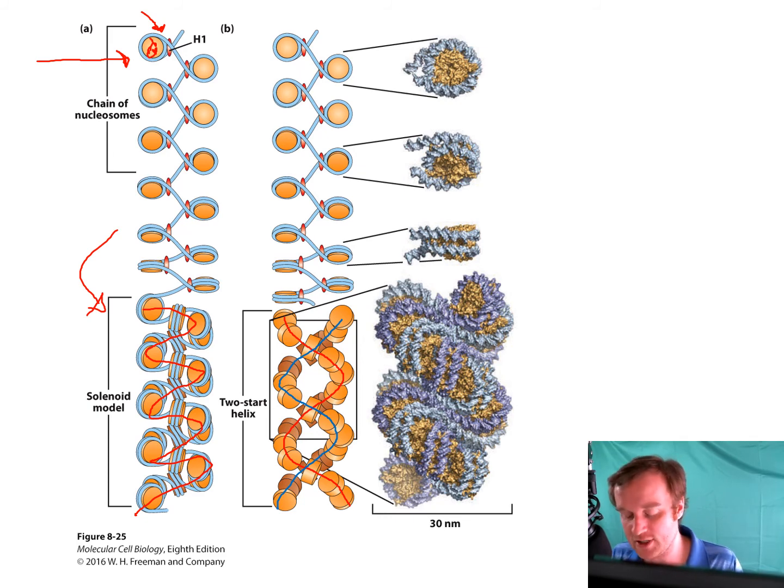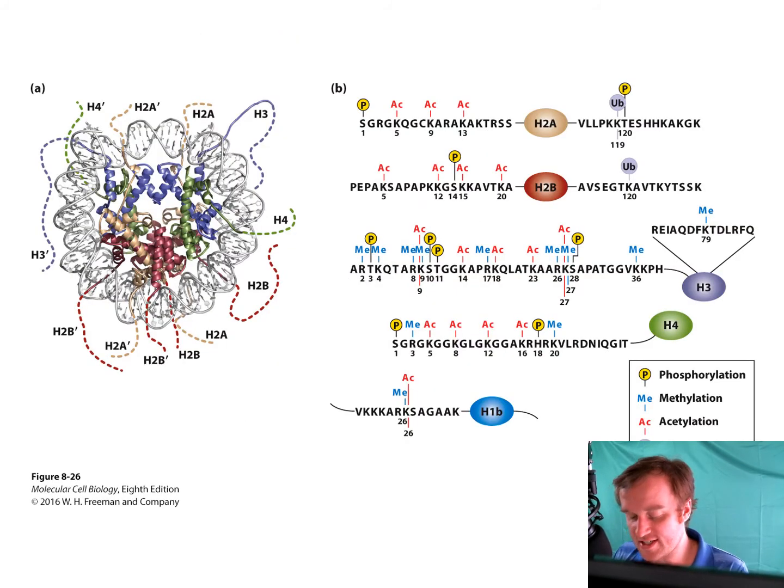But what you want to really pay attention to is the actual lines that I drew, the shape of these 2 models. So as I stated earlier, the way that histones are modified allows access to the DNA in those nucleosomes. And so this can occur through acetylation or methylation or phosphorylation or ubiquitination.